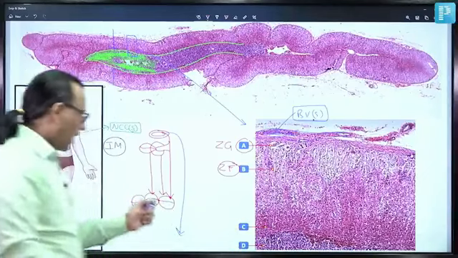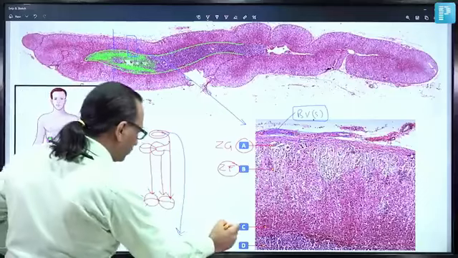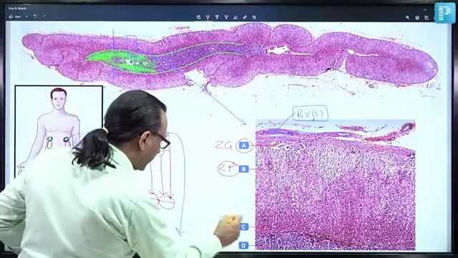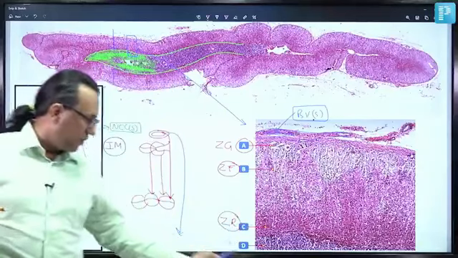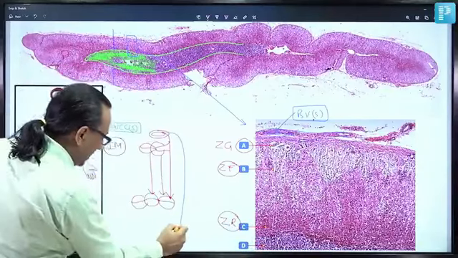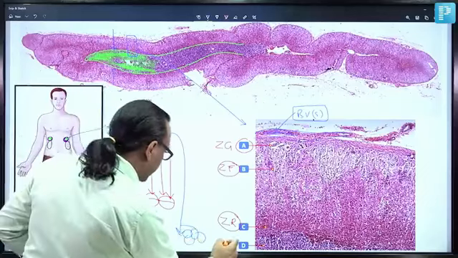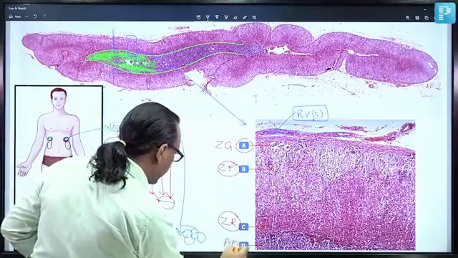So by looking at this arrangement of vessels, you can tell this is going to be zona reticulata. And if you are talking about the adrenal medulla, you will notice that in the adrenal medulla, again there is some network of blood vessels. So this is the adrenal medulla region.